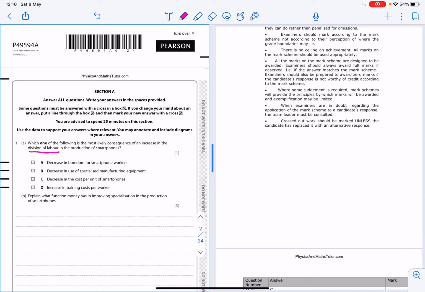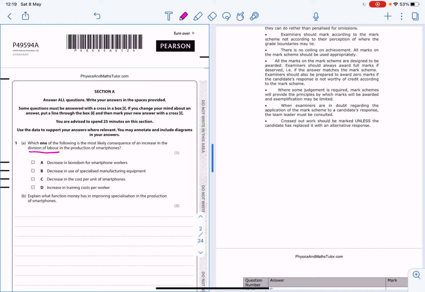So division of labour is where you split the production process into lots of different sections and each person's doing one little bit. So if you're on a production line, you'll have each person doing a separate part of the job and they just spend all day doing that job. Division of labour could be in a school where you've got teachers doing their own subjects.